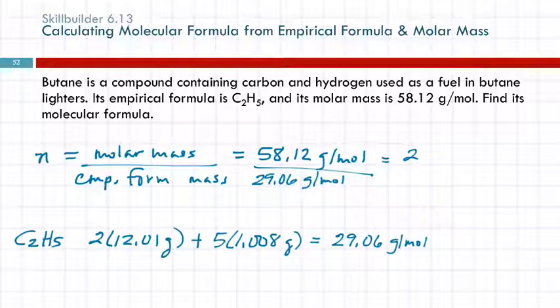If it doesn't come out to be really close to a whole number, that means that you did something wrong in your calculation. And most likely you either punched something into your calculator or you calculated this mass wrong. Just try it again. So 2, I need to take this formula, C₂H5, and multiply the subscripts by 2.